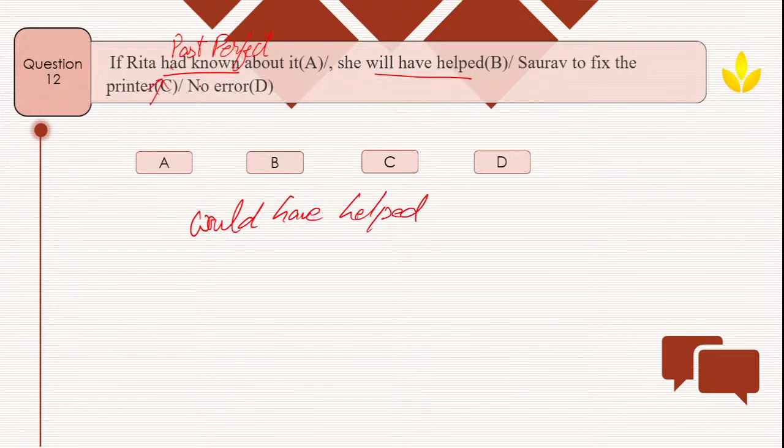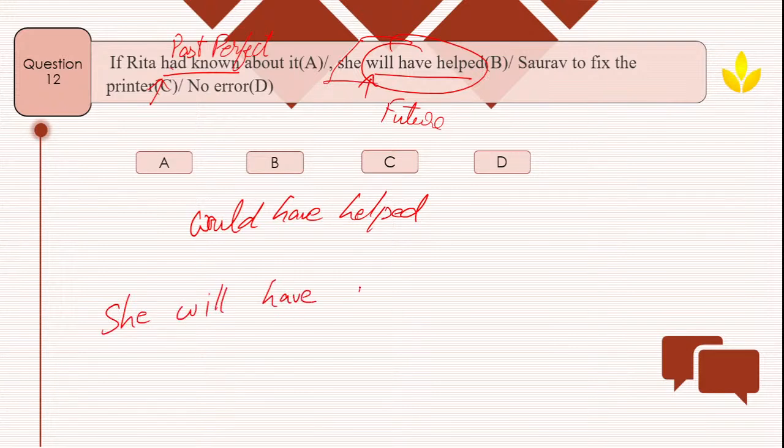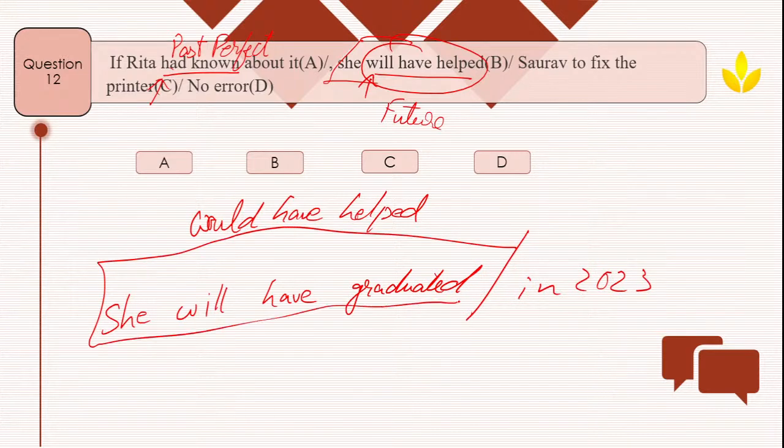Since this has already happened, it cannot be future perfect. So the sentence they have written here, "she will have helped", is wrong, because when we say "she will have graduated in 2023", we are saying that it is going to happen in the future, that from this moment, at some point in time, it is going to happen.